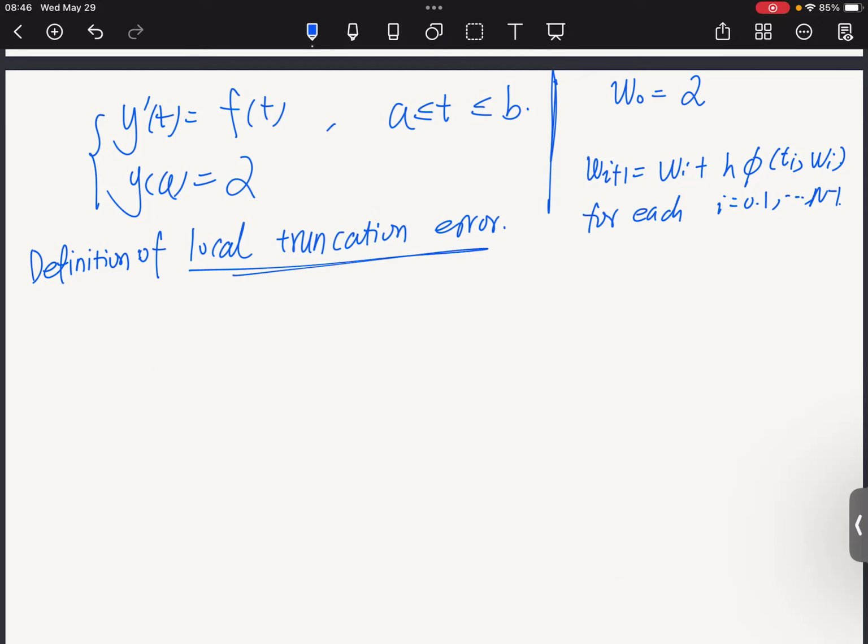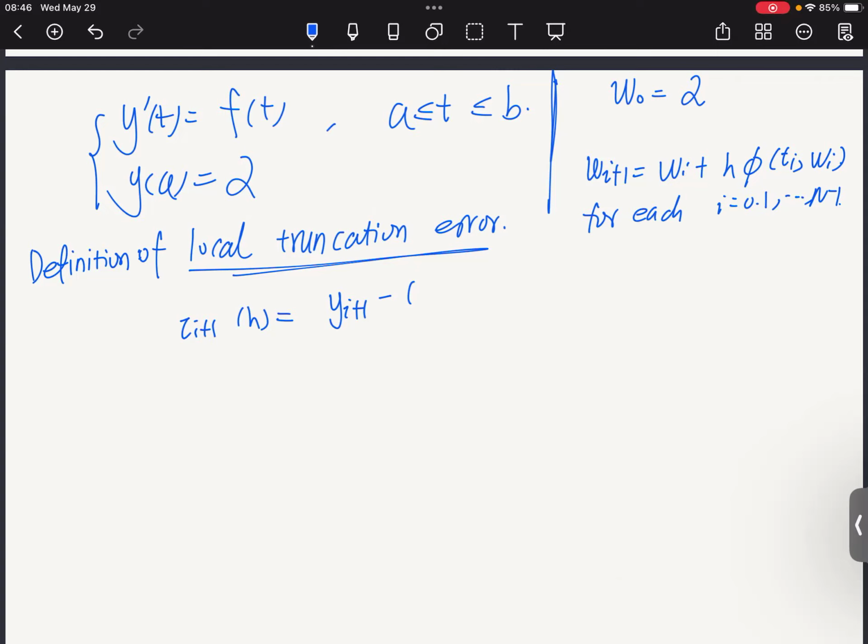We use tau_(i+1)(h) to represent the local truncation error, and that is y_(i+1) minus, which means that we substitute, this is y_(i+1), the y evaluated at the time t_(i+1). Let's plug in the exact solution into such a formula to see how far we get from the exact solution.